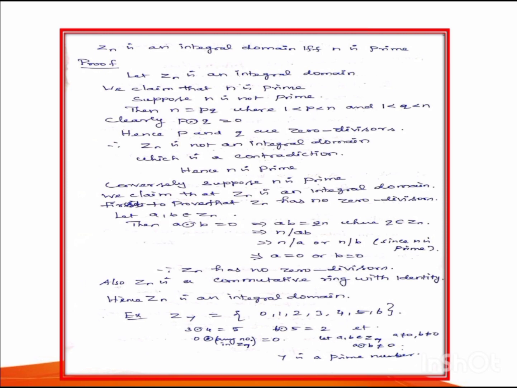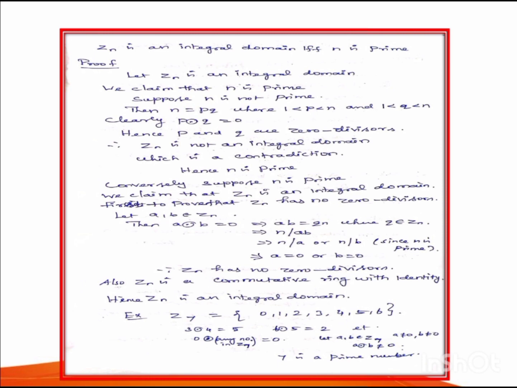So first see the first part, that Zn is an integral domain. We claim that n is a prime. Suppose n is not a prime, we will reach a contradiction. Suppose n is not a prime, which means a composite number, the product of two integers.